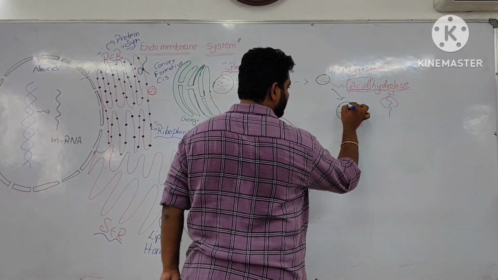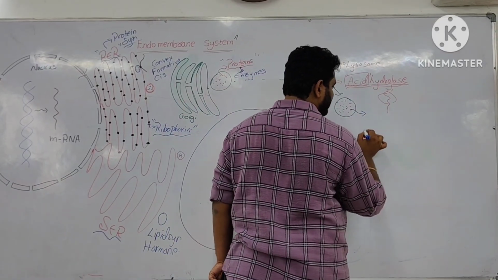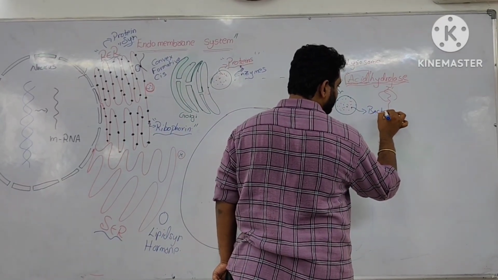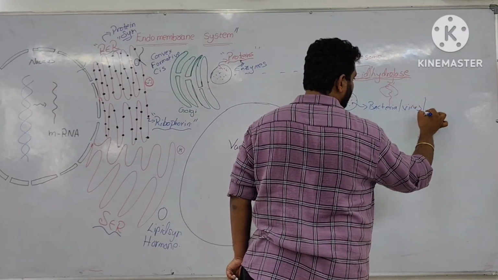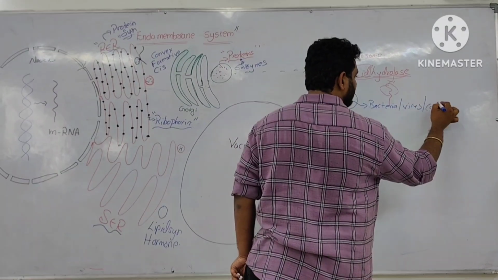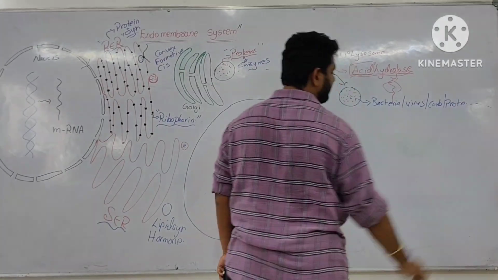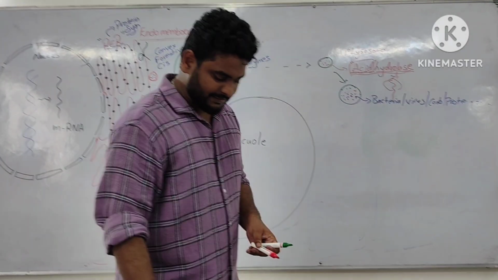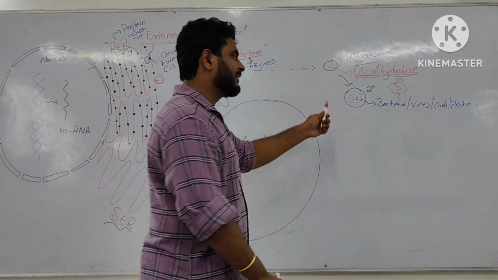When the same lysosome, along with the enzymes it is having, is also having the food material, don't be confused when I say food material. Food material can be anything. It can be a bacteria or a virus or a carb or a protein. This is called a secondary lysosome. Now what will the enzymes do?